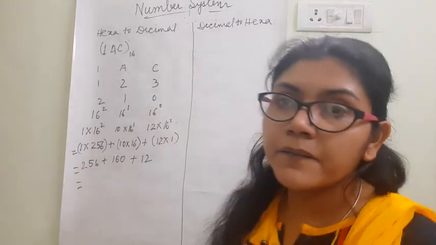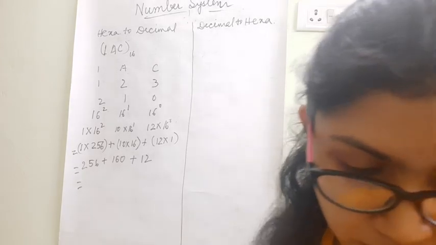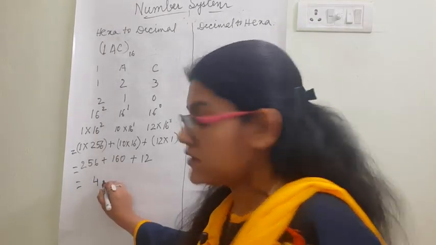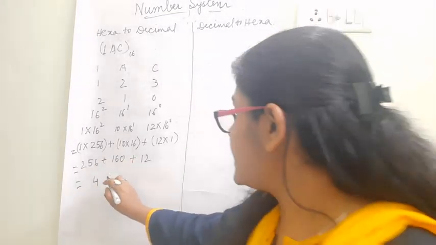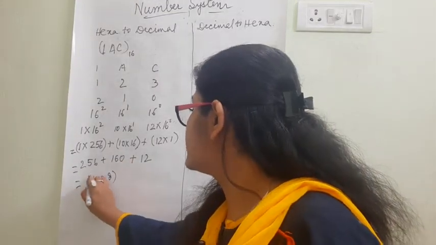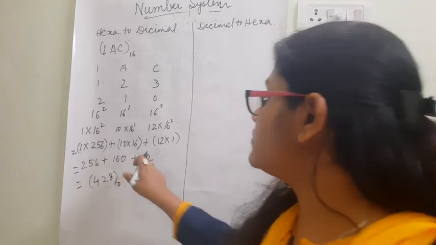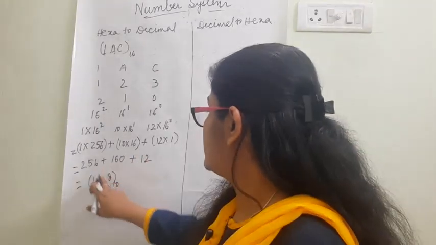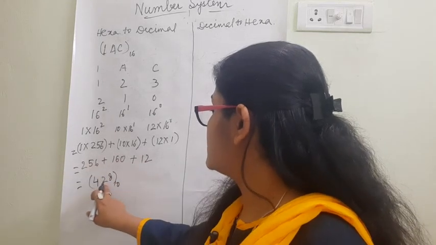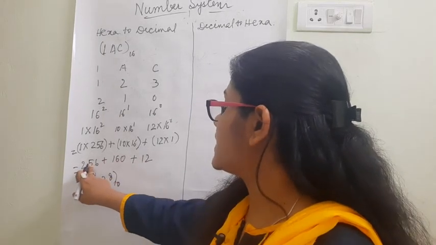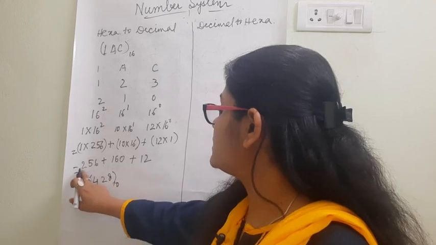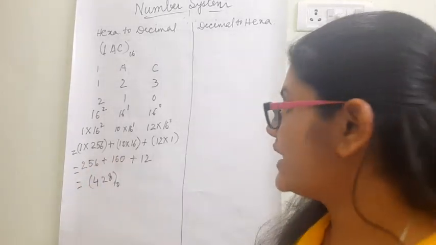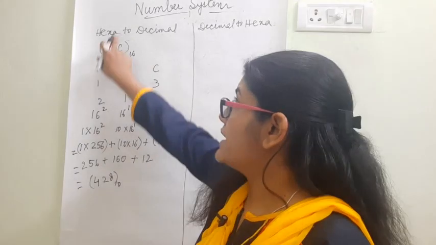Value will be 428 base 10. Now this is hexa to decimal.